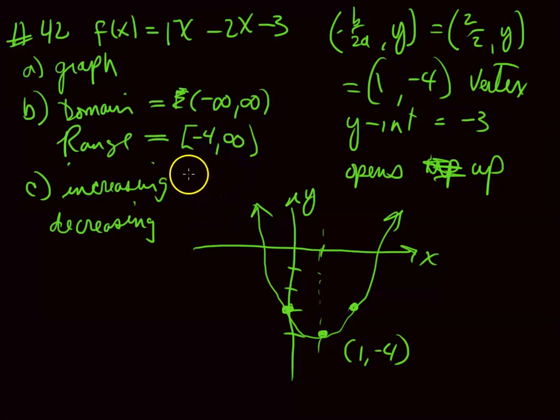Where is it increasing? From 1 to infinity. Decreasing from negative infinity up to 1. So we can do that quick sketch and figure all those things out.